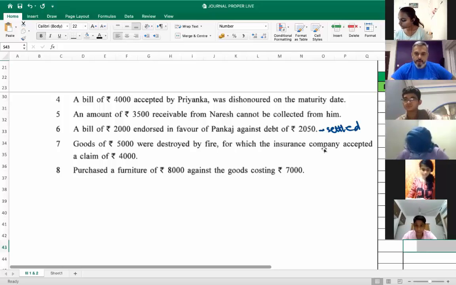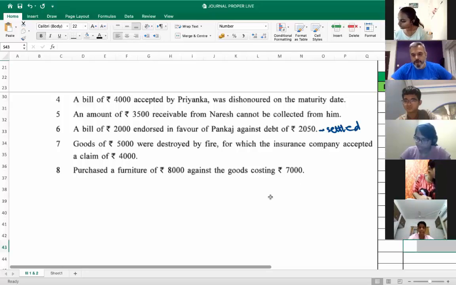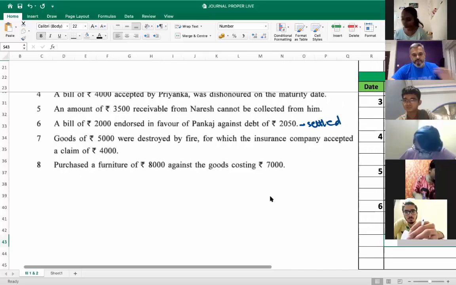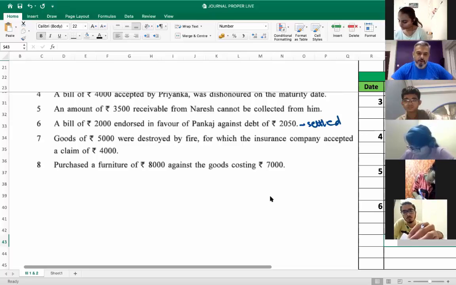Okay. Now, 7. Goods of 5,000 were destroyed by fire for which insurance company accepted a claim of rupees 4,000.